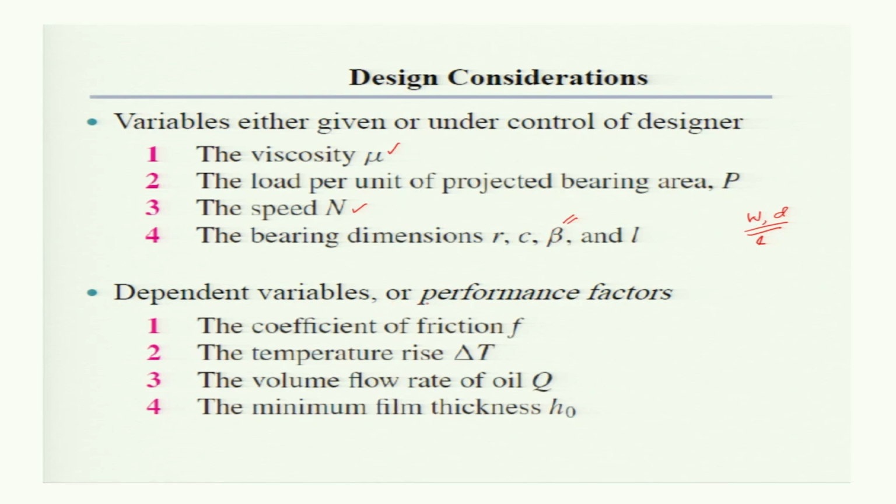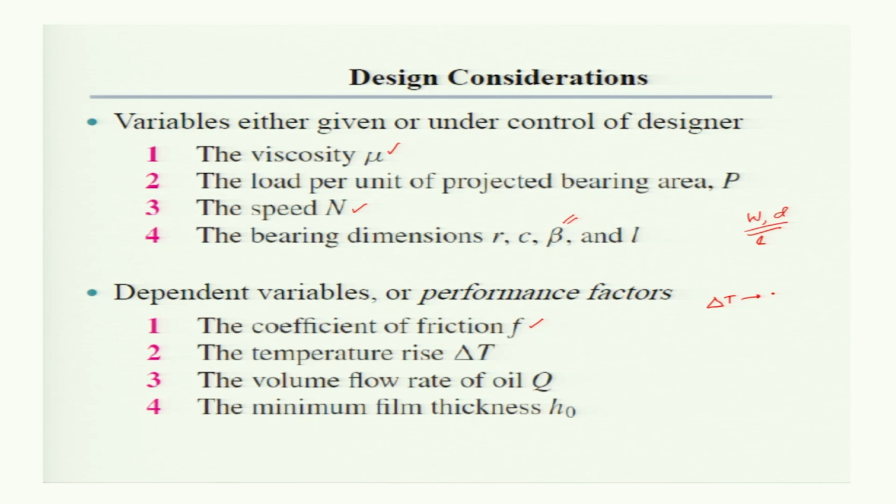Now, the dependent variables or the performance factors are the coefficient of friction which will develop, and the rise in temperature. If there is a certain rise in temperature, due to this rise the viscosity of the lubricant will change.